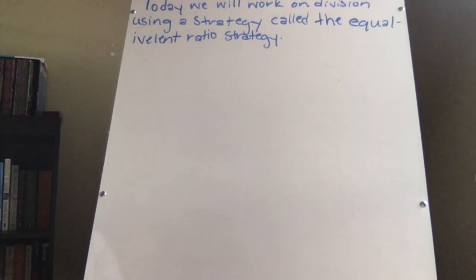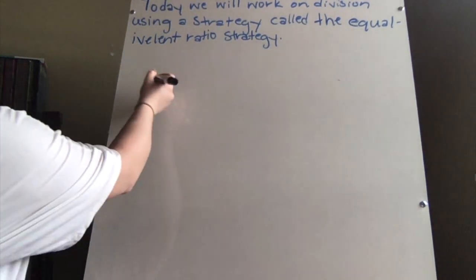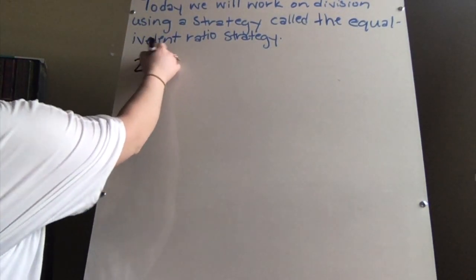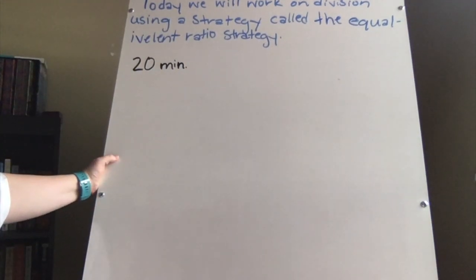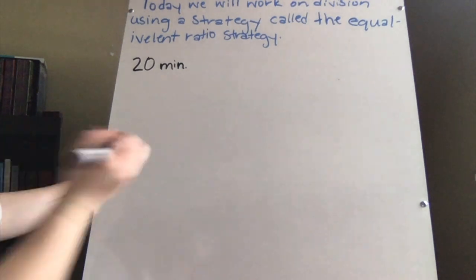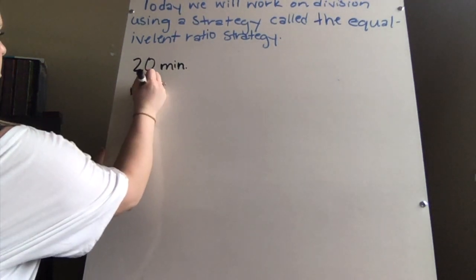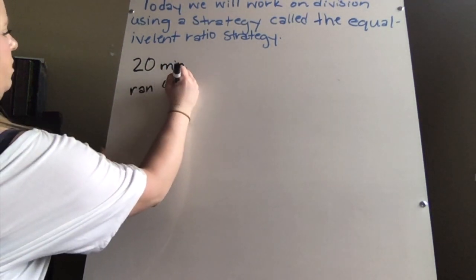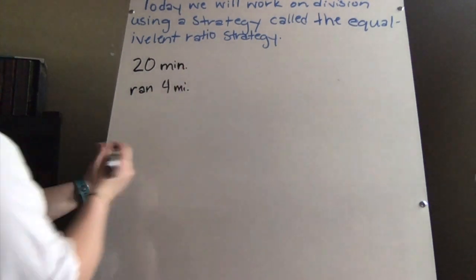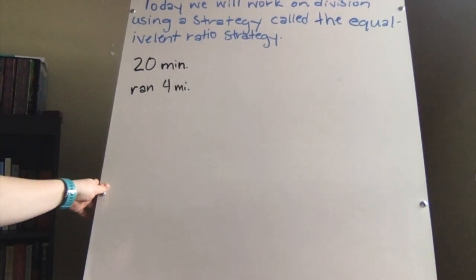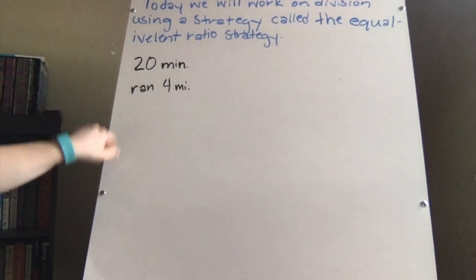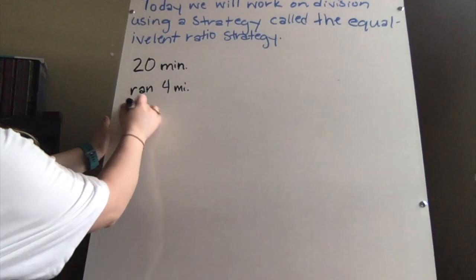So we know that she's running 20 minutes, and we know that she ran 4 miles. We want to know what her pace was, or how fast she ran per mile.